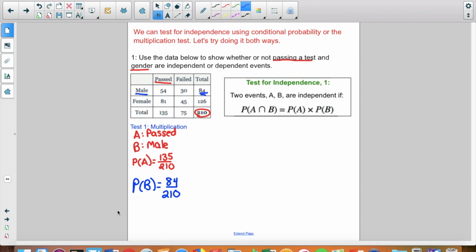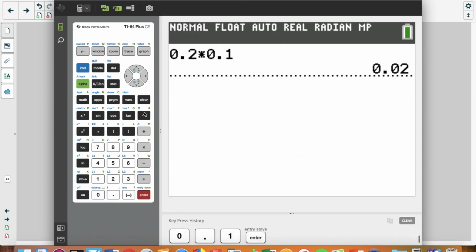Now we have to find the probability of A times the probability of B. The probability of A is 135 over 210, times the probability of B, which is 84 over 210. Let's multiply these with our calculator.